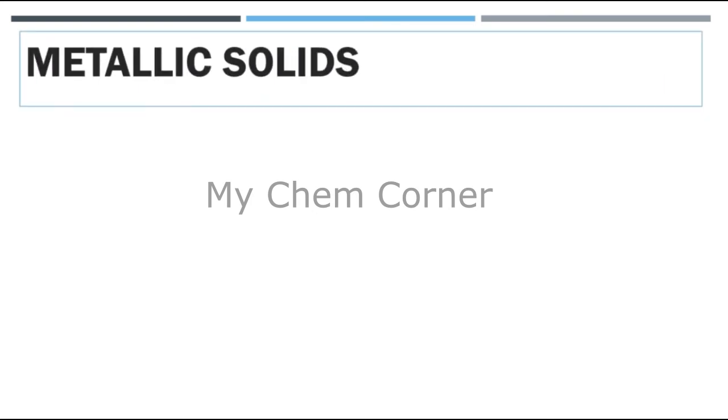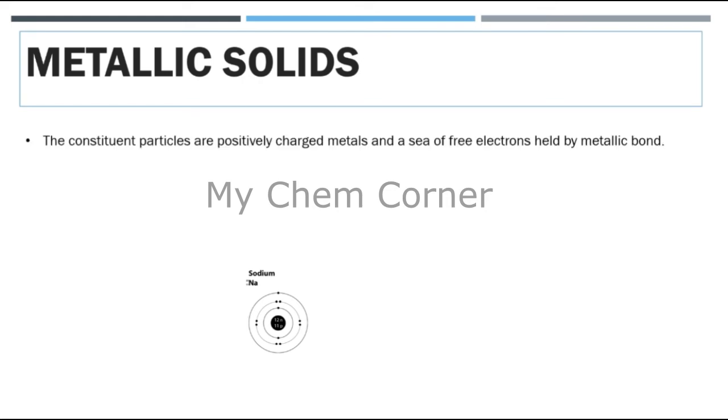Now the next one is metallic solids. For metallic solids, you can just take any metal like sodium, potassium, lithium, any metal. So the constituent particle in a metal is basically a positively charged ion, a cation, and a sea of free electrons held by metallic bonding.